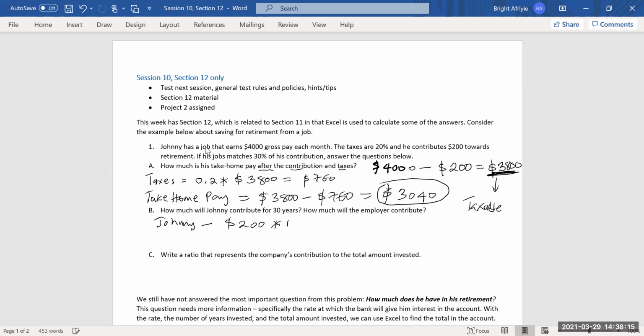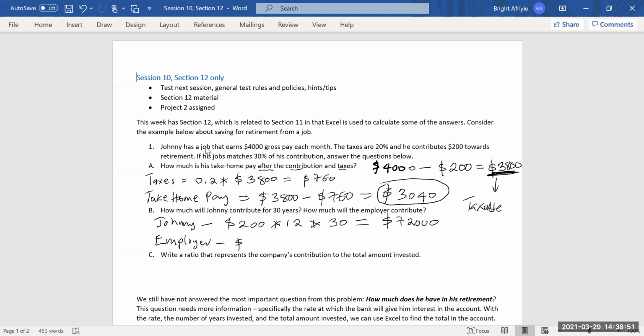So we're going to do 200 times 12, because there are 12 months in a year, and then multiply by 30. And that is Johnny's contribution. Can you do that multiplication real quick? For the whole period of 30 years, Johnny is going to contribute $72,000.